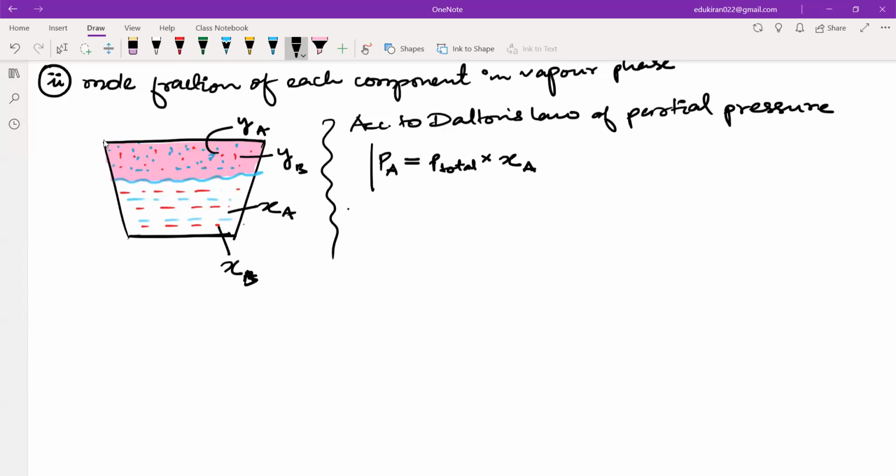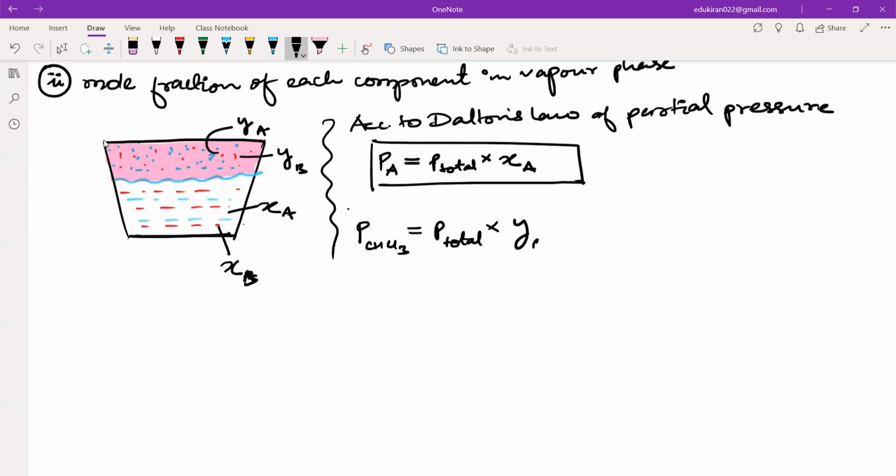So this is Dalton's law for partial pressure. Now in this case, the partial pressure of CHCl3 will be equal to the P total into Y of CHCl3, the mole fraction of CHCl3.